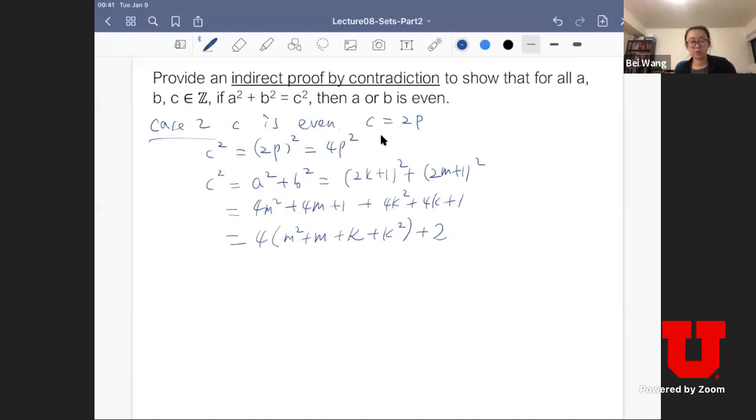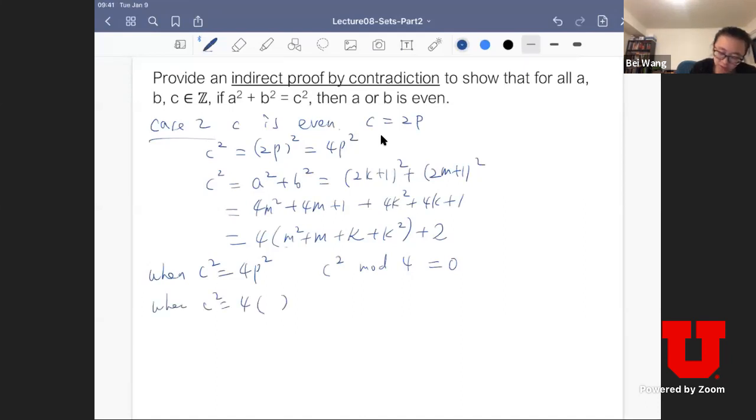Here is the most tricky part, and it's similar to what we've seen in the recitation. When you have the first line, c squared is equal to 4p squared, that means c squared mod 4 is equal to 0. That means the remainder is equal to 0. But when c squared is equal to 4 times this plus 2, when I take mod 4 it is equal to 2.